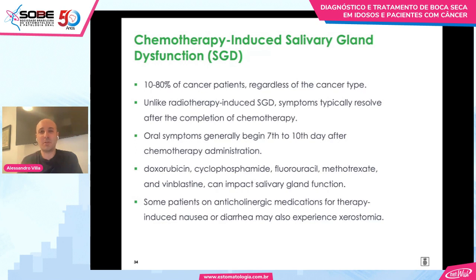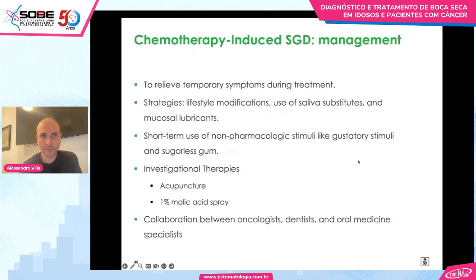Patients may complain of xerostomia beginning on the 7th or 10th day after the administration of chemotherapy. There are a variety of drugs that can impact the salivary gland function, including methotrexate, 5-FU, cyclophosphamide, to name a few. And some patients on anticholinergic medication for diarrhea or nausea may also experience secondary dry mouth.